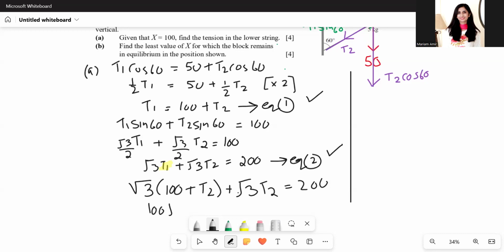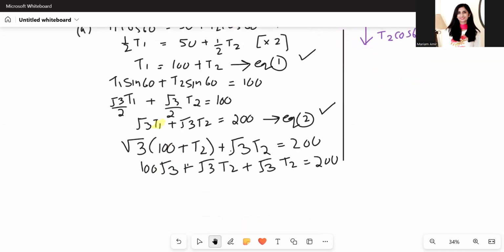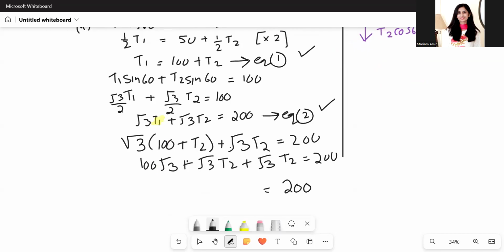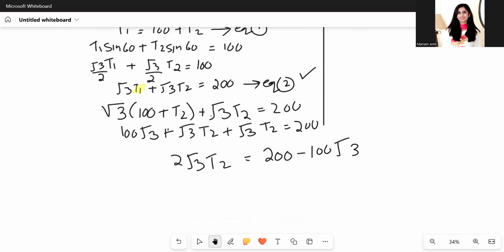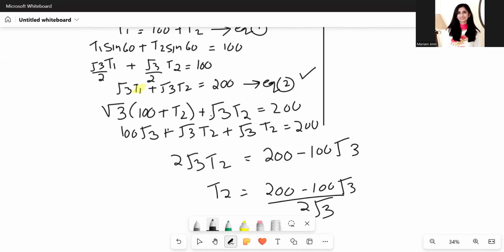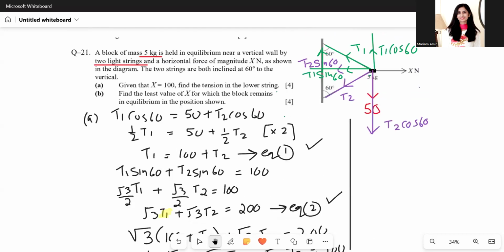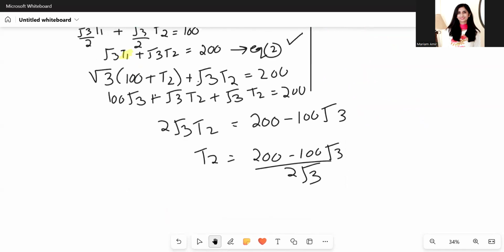So we have 100 root 3 plus root 3 T2 plus another root 3 T2 equals 200. Then I'm sending the 100 root 3 to the other side, and these two combine to become 2 root 3 T2, and now I'm going to divide by 2 root 3, and this should give us the value of T2. Find the tension in the lower string, which is T2. This would be 200 minus 100 root 3 upon 2 root 3. So 7.73.